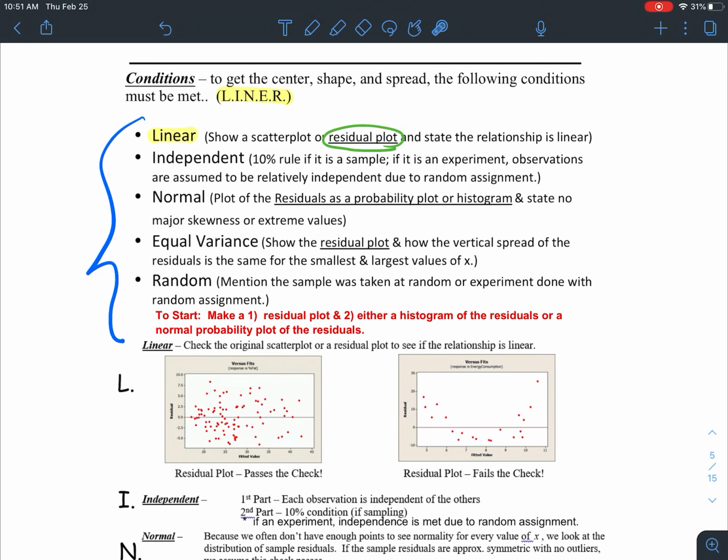You could comment and say that the scatter plot that you're given appears to be approximately linear, but we learned back in chapter 3 that sometimes the scatter plot can look linear, but then when you make a residual plot, it shows a pattern, which means the original scatter plot wasn't linear.